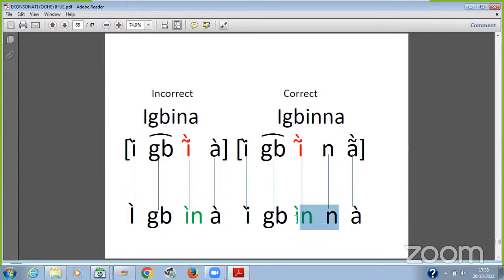The two letters there represent a single sound, I. You don't hear the ni in pronunciation at all. Then the second ni you have is what spreads nasality onto the oral vowel following it, and you now have na. So igbina. So it's a very simple and logical way of thinking.